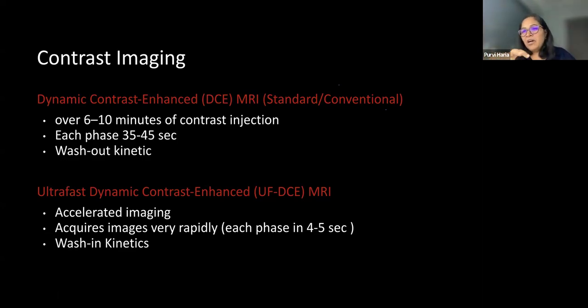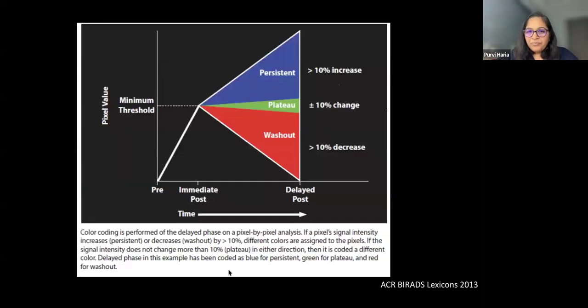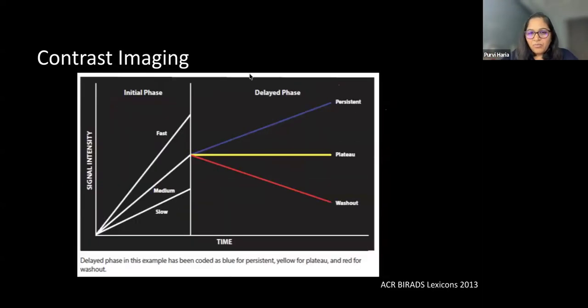The difference is that here we take more phases, because some lesions do not have such early enhancement, and benign lesions especially show enhancement in the last phase. So when acquiring ultrafast sequences, we typically take around 9 to 10 or sometimes 11 phases to know the exact kinetic characteristic. What we were discussing earlier is what we explore in routine dynamic imaging, with the 35 to 40 second time.